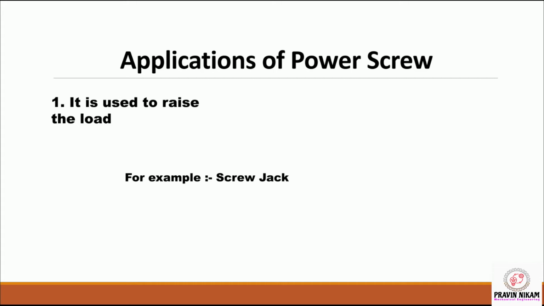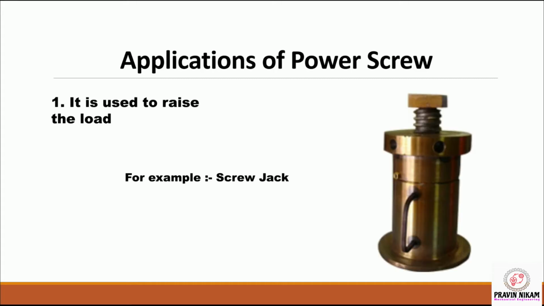Screw jack is used to raise the load or to lift a load, because screw jack is a simple machine. So this is the simple screw jack. You can see at the center there is a power screw.